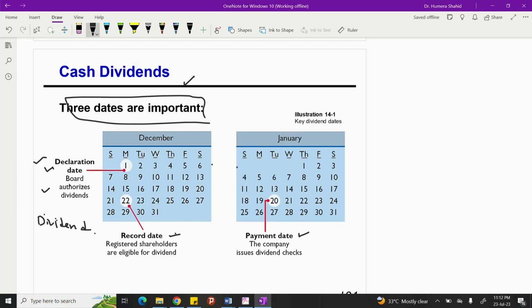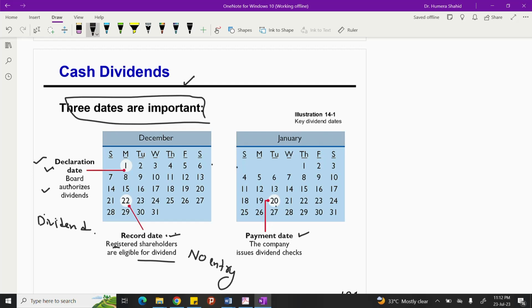So on the record date, the company updates its records for the registered stockholders who are eligible for the dividend. It's just the updating of names, addresses and all the details. That's why there is no monetary transaction on this date, so no journal entry is passed on the record date. But yes, the record date is important to update the company's records regarding the current stockholders.